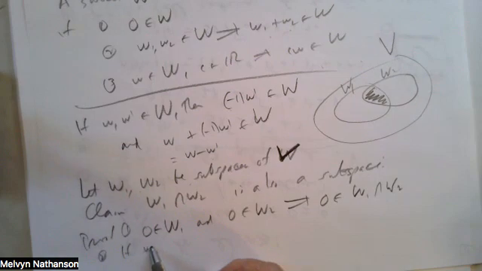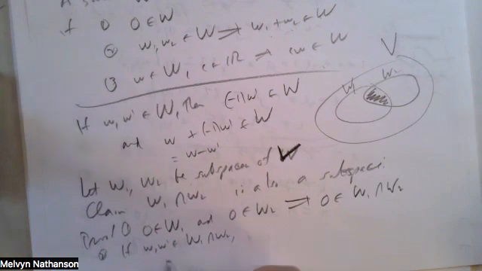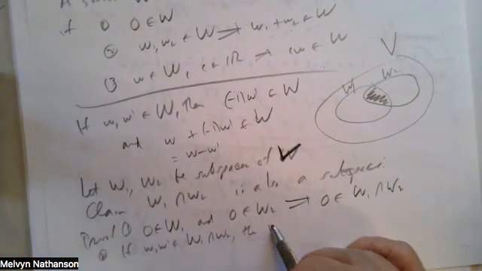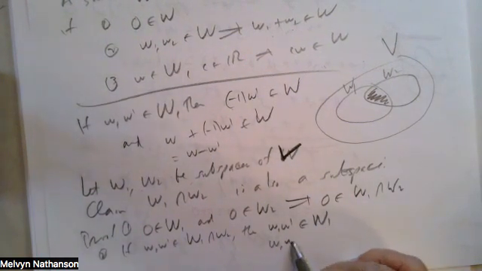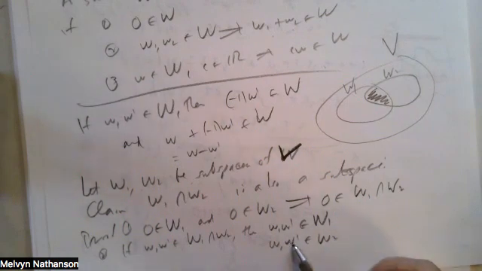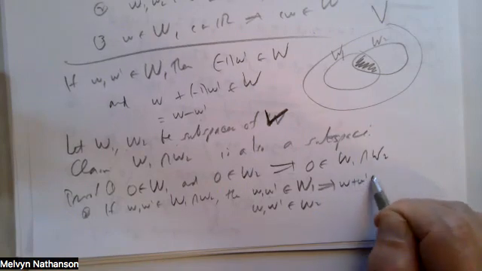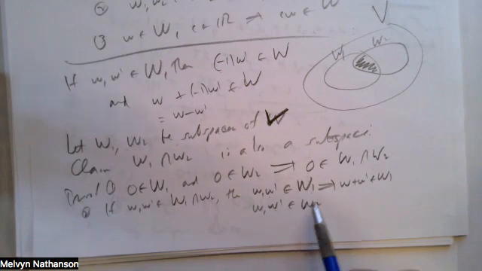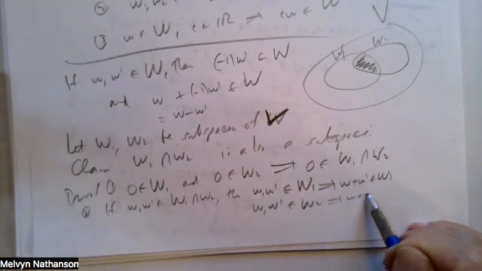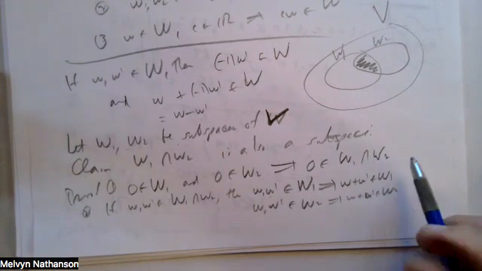Second, if W and W prime are in the intersection, that means they're both in W1, and they're both in W2. But if W and W prime are in W1 and W1 is a subspace, W1 is closed under vector addition, so W plus W prime is in W1. And similarly, if both W and W prime are in W2, then W plus W prime is in W2.